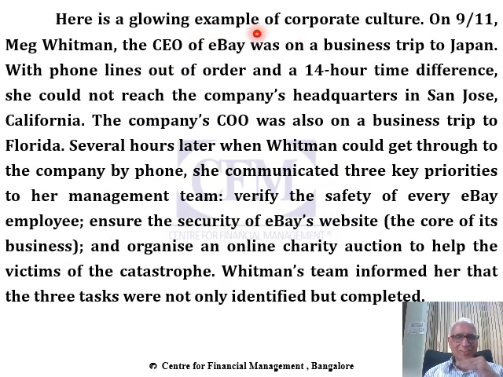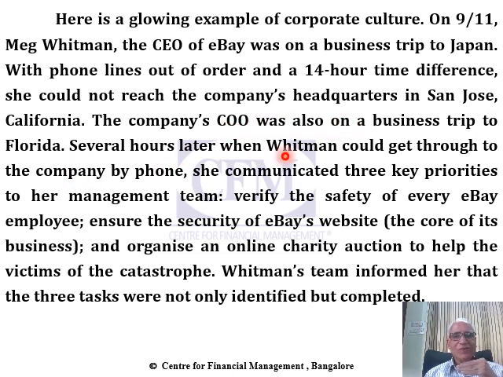Here is a glowing example of corporate culture. On 9/11, Meg Whitman, the CEO of eBay, was on a business trip to Japan. With phone lines out of order and a 14-hour time difference, she could not reach the company's headquarters in San Jose, California. The company's chief operating officer was also on a business trip to Florida.